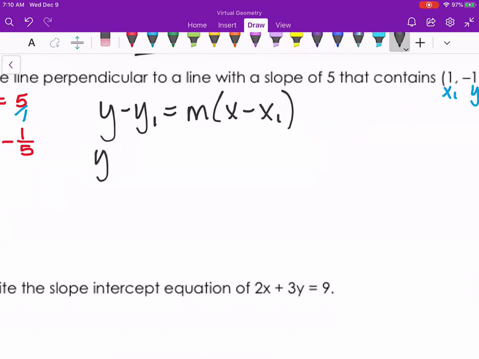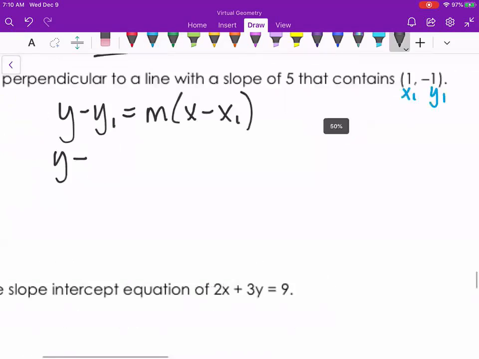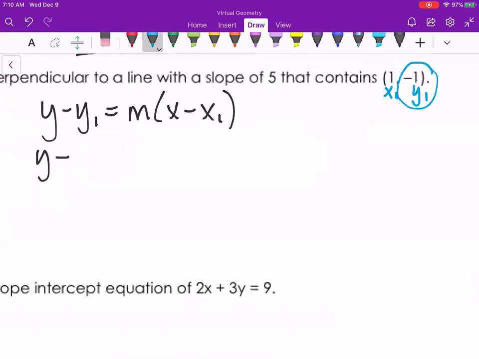So y minus, we need y1, which is a negative 1, equals, we had a negative 1/5 for my slope, and x minus x1, which is a positive 1.